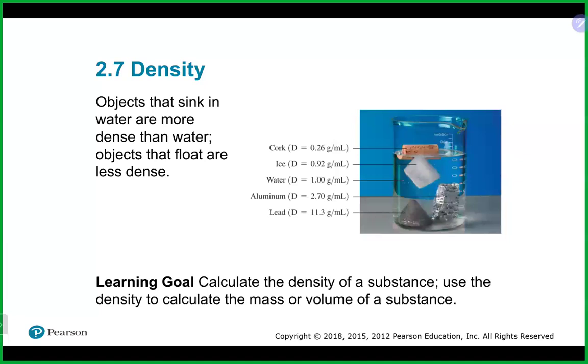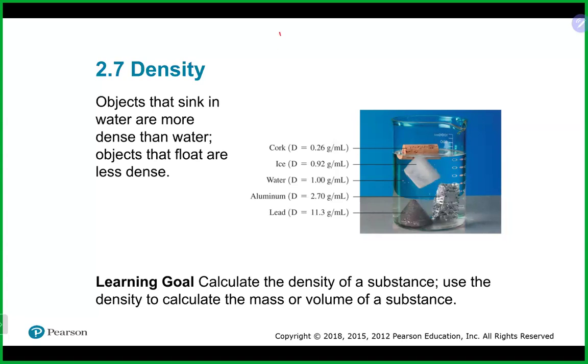So the last thing we're going to talk about in chapter 2 here is density. The density of an object is related to the mass and volume of an object. The density of an object determines, for example, whether or not a substance will sink or float in water.